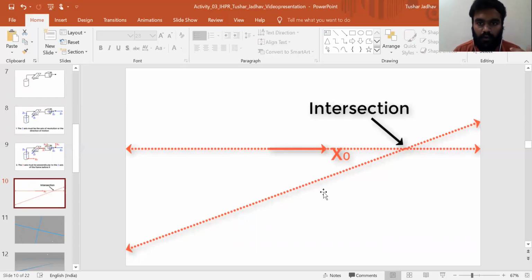Now the same lines, when we consider them in three-dimensional space, might look intersecting from one view, but they are not intersecting completely. They don't have a point of contact with each other. So let's see the same lines which look intersecting but in three-dimensional space.